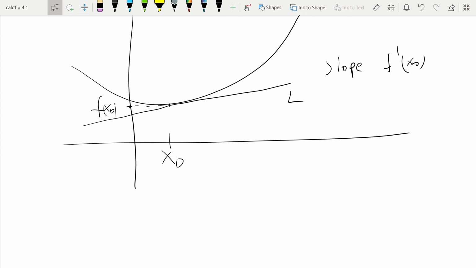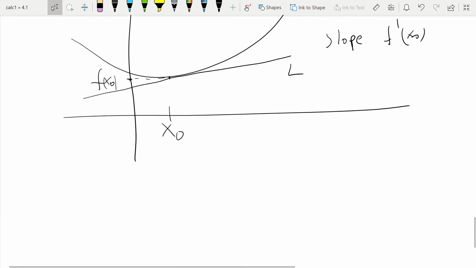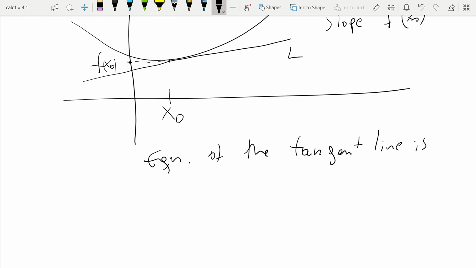We've used this, we already asked you to find the equation of the tangent line many times. So the equation of the tangent line, which is L, is y minus the value at that particular point, which is f of x0, equal to the slope.